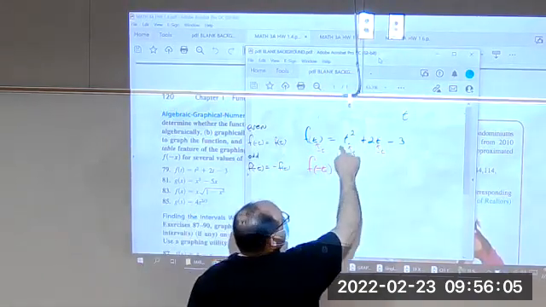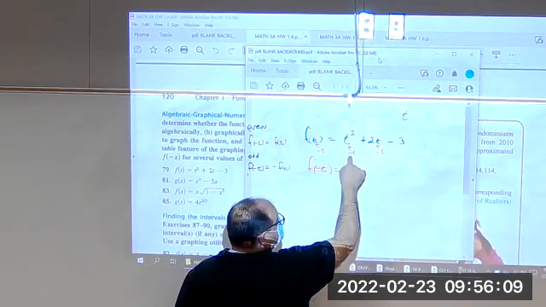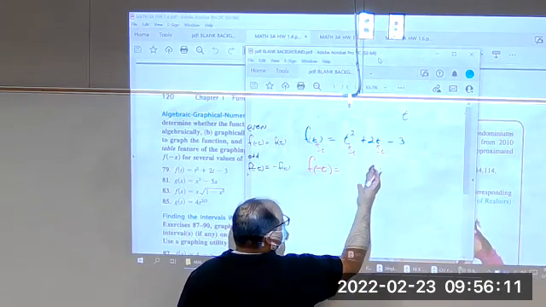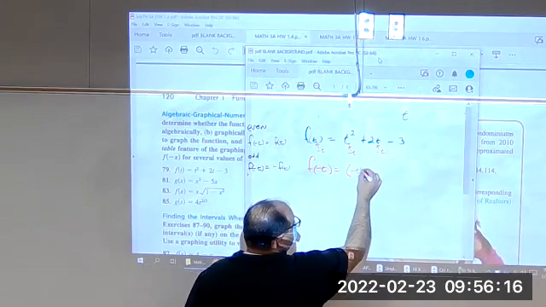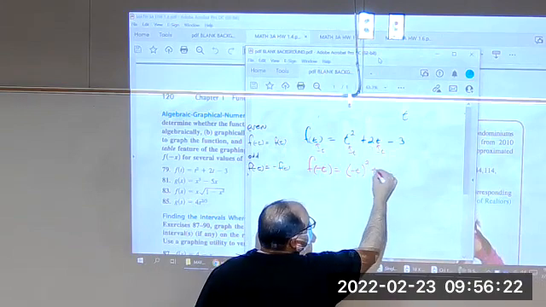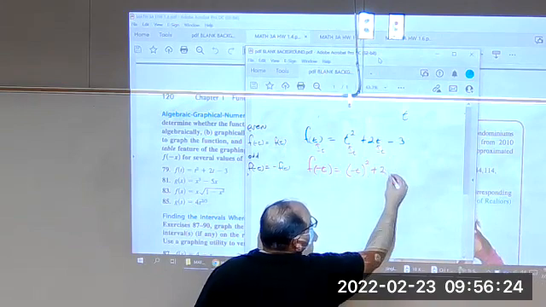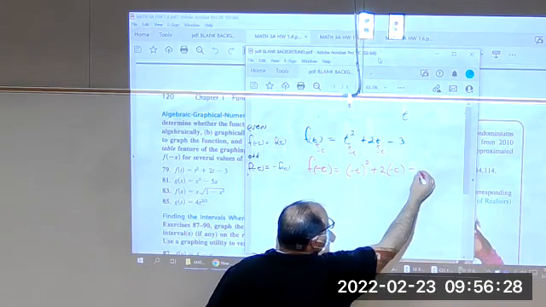So first thing you're doing is squaring. Whenever you square, especially negatives, let's just get used to always good habits: parentheses, negative t, and then you're going to square it. Then plus 2 times negative t. And then you have a minus 3.